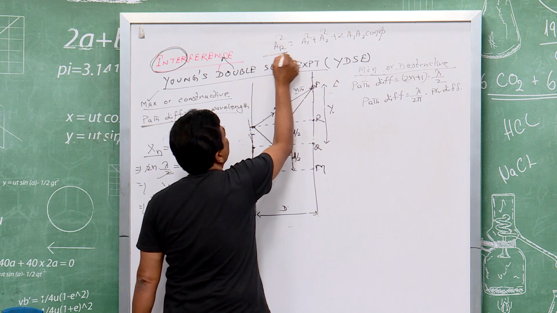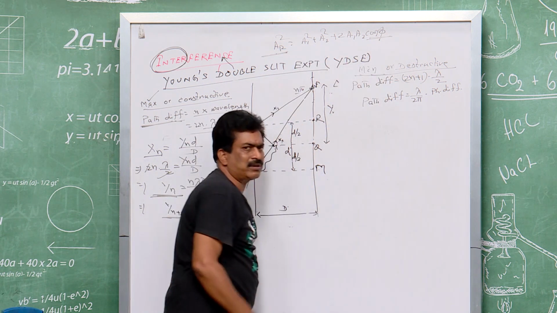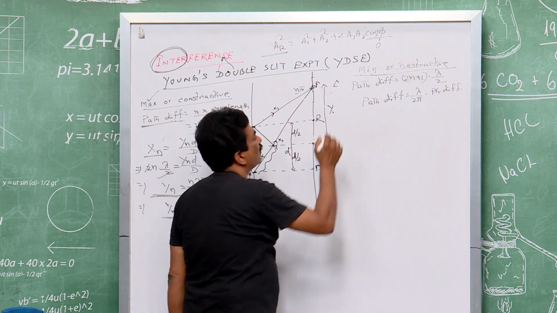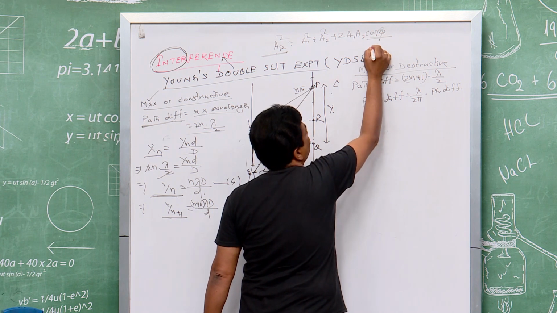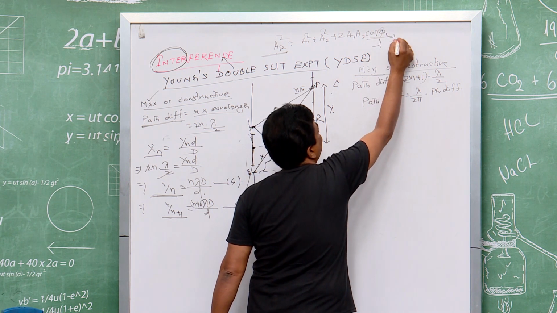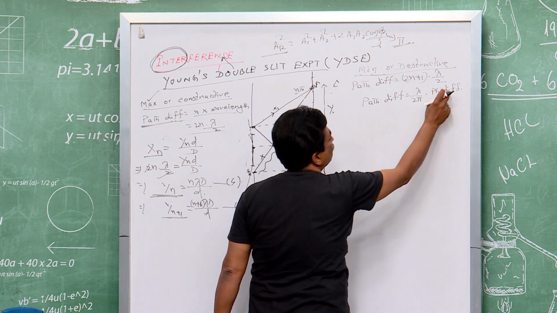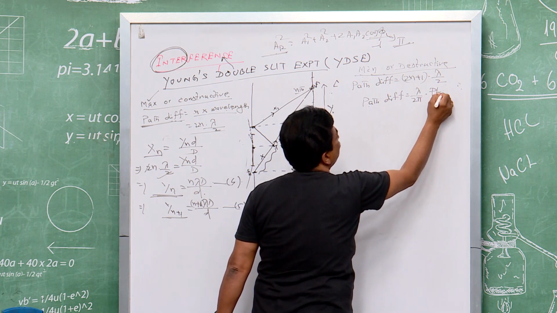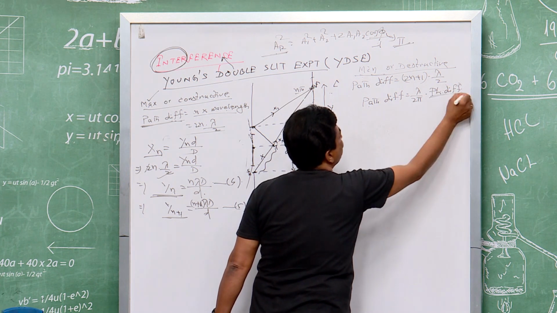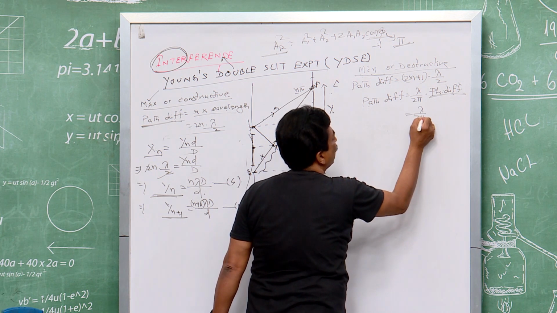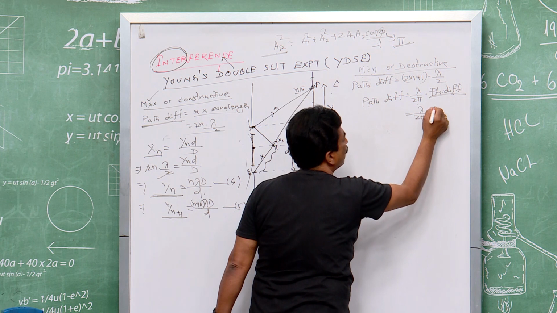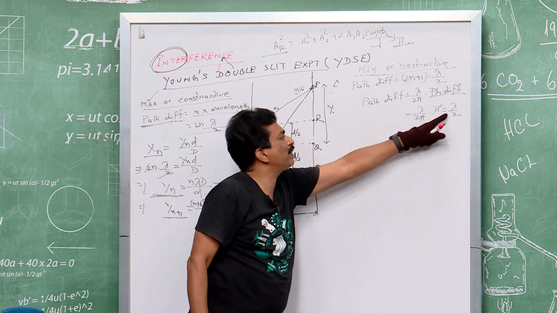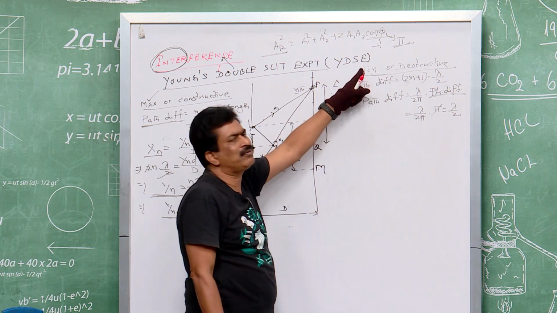If this value is to be minimum, this cos value is to be minimum, that is minus 1, which corresponds to phi being pi. So lambda by 2 pi into pi, pi cancels, that is equal to lambda by 2. So this path difference of lambda by 2 corresponds to the minimum.